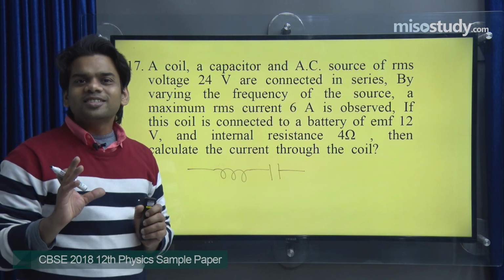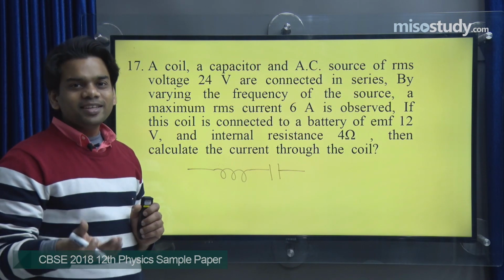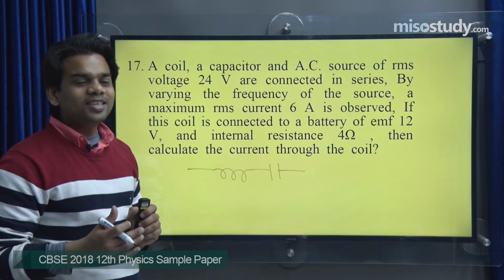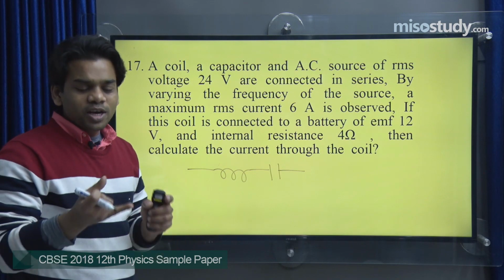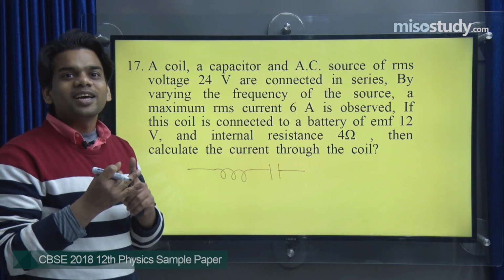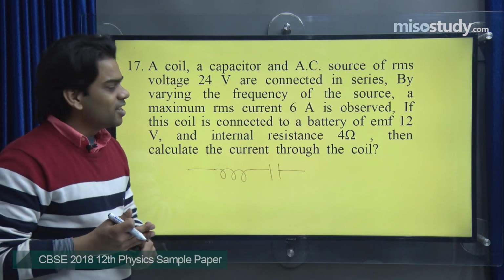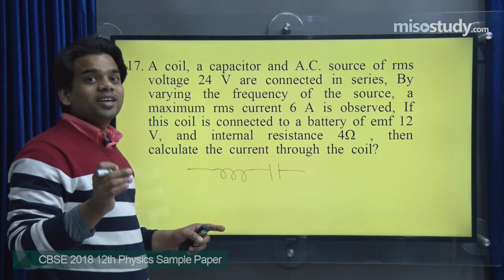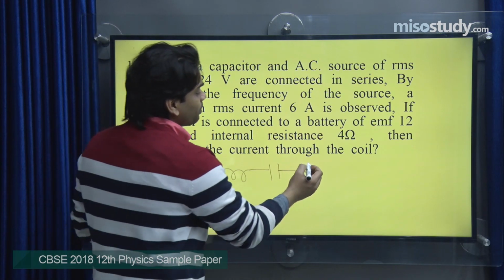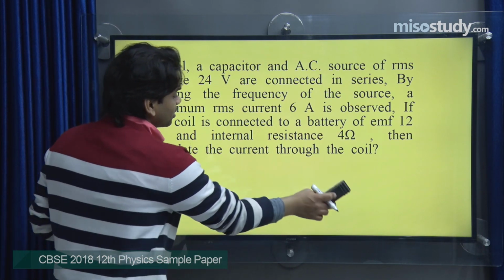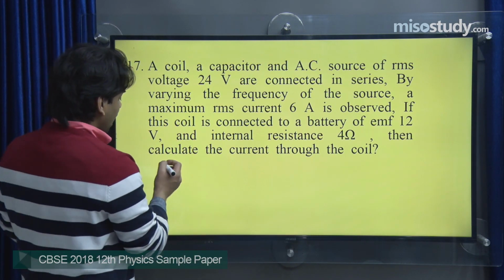Now see, the condition is that you vary the frequency, so you are going to get the maximum RMS current. If you remember, in the case of an inductor, capacitor and a resistor connected in series, whenever you vary the frequency, a case of resonance will occur when the maximum current is going to flow. So at maximum current, resonance is said to be happening.